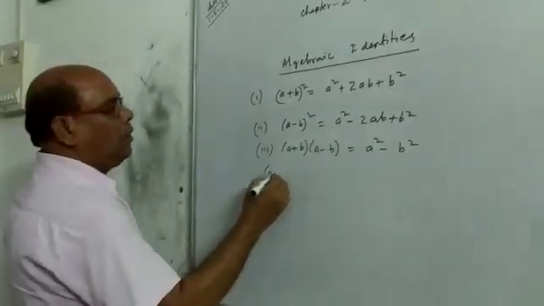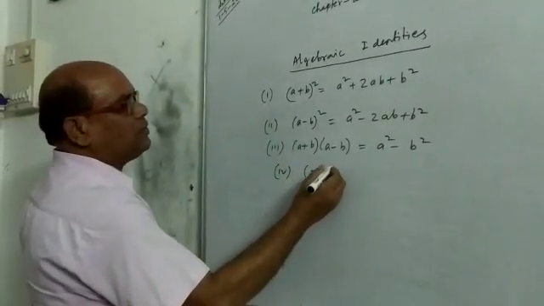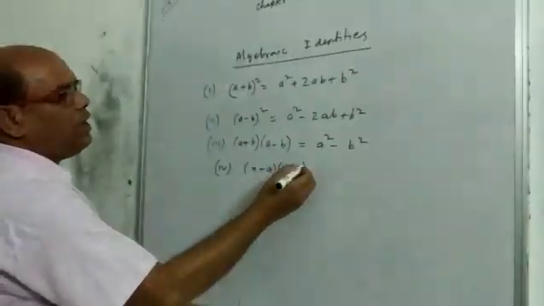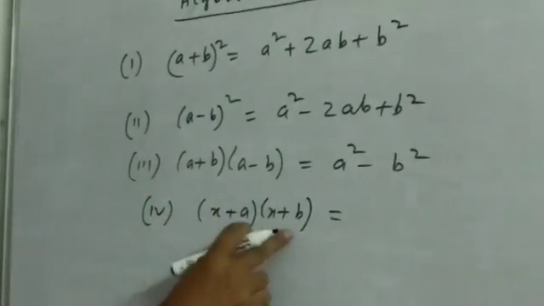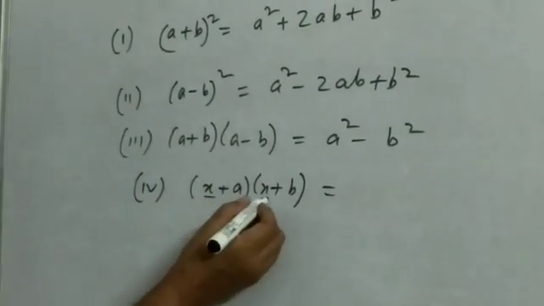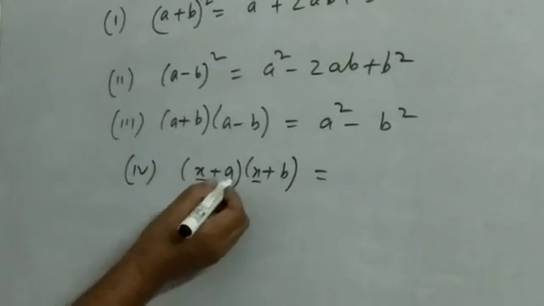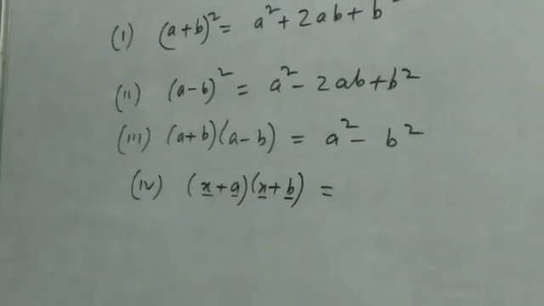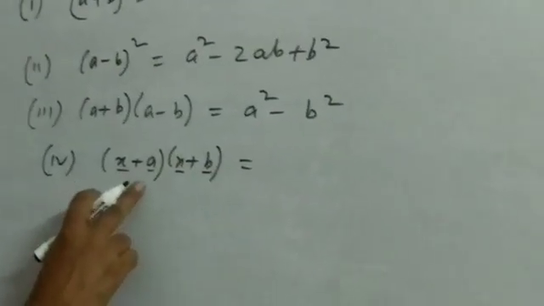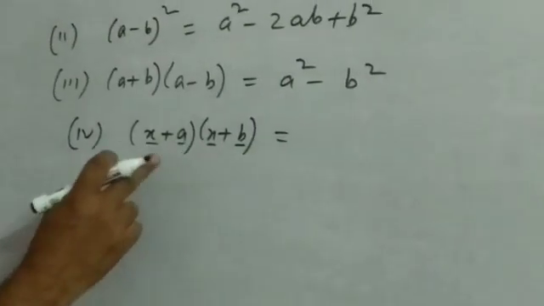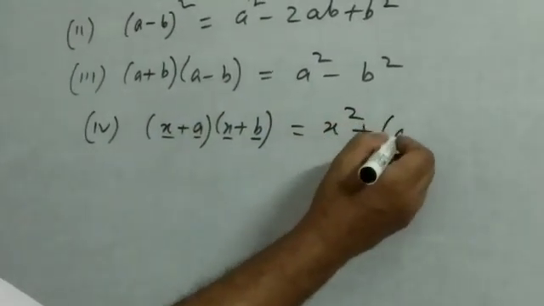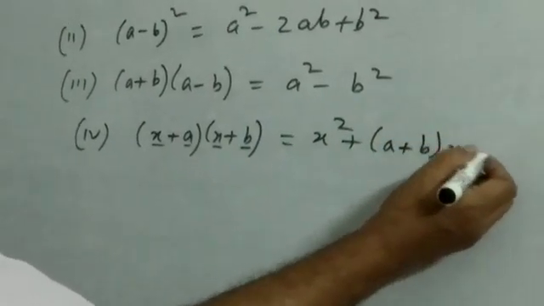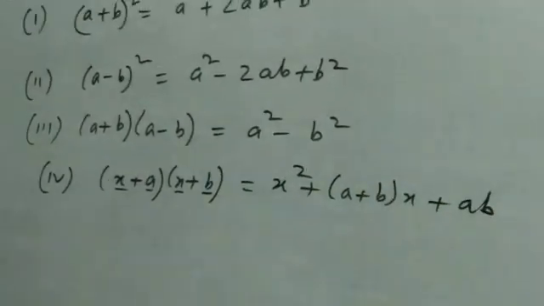So number 4, (x plus a)(x plus b). Here you see 2 terms, but they are not the same. The first term is the same, but the second term of this one is a and the second term of the other is b. So for (x plus a)(x plus b), how can we multiply easily? The formula is x square plus (a plus b) into x plus a into b.